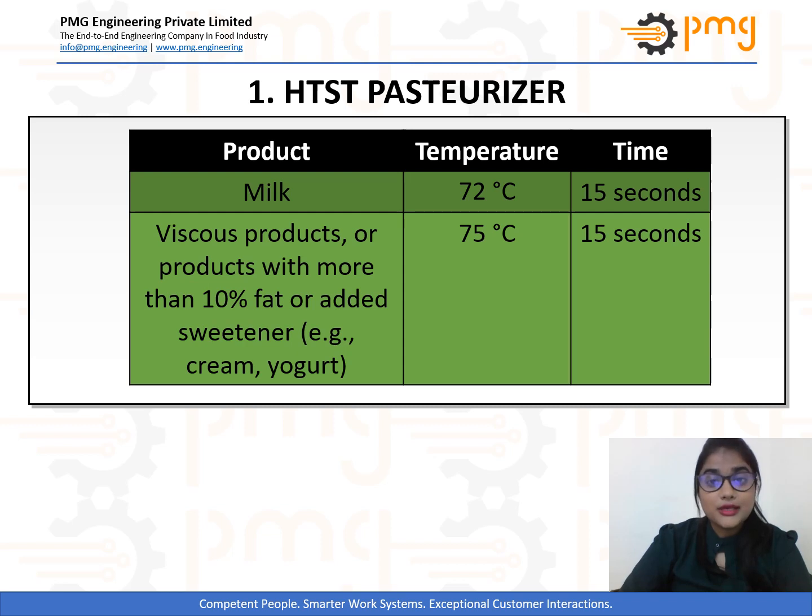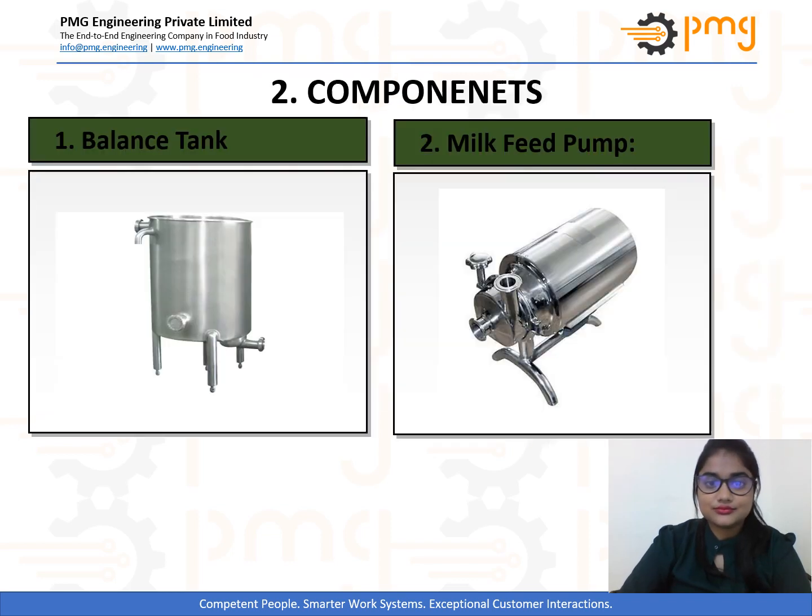Generally, milk-based products containing less than 10% fat are usually processed at a temperature of about 72 degrees centigrade for 15 seconds. Whereas, if the dairy products contain fat higher than 10% or contain any additional sweetening or flavoring agents, then processing of these products should take place at around 75 degrees centigrade for 15 seconds.